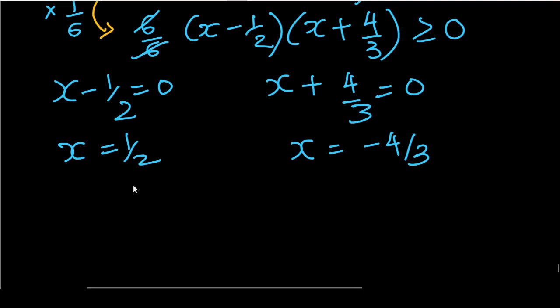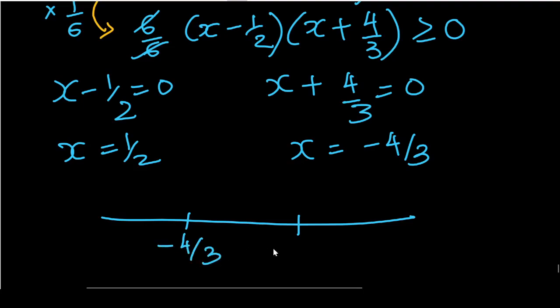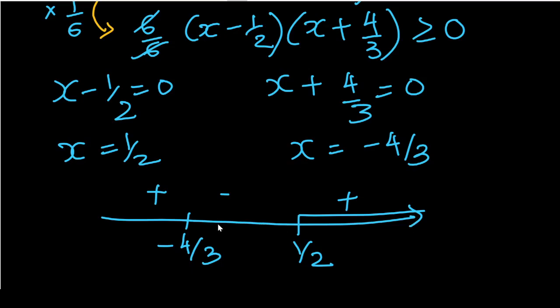So the result would be, first we plot the 2 points. Minus 4 by 3 would be on the left since it is the lower value, and 1 by 2 on the right side, with signs plus, minus, plus. Since the question is asking for plus, we take values greater than half and lesser than minus 4 by 3, that is, minus infinity to minus 4 by 3 union half to infinity.